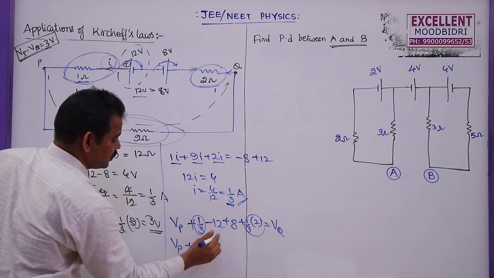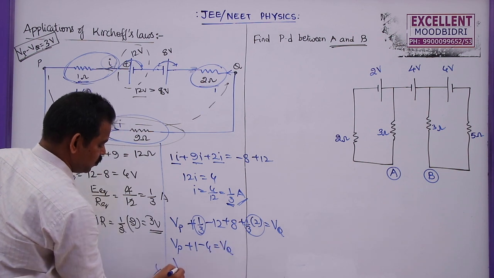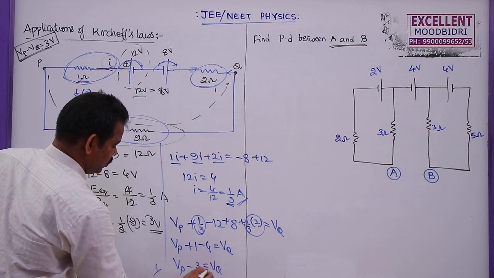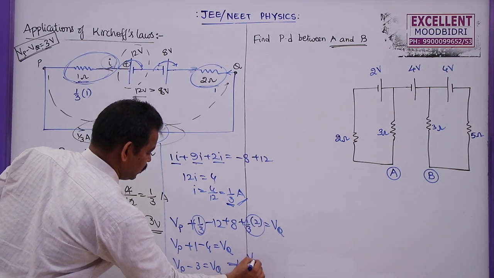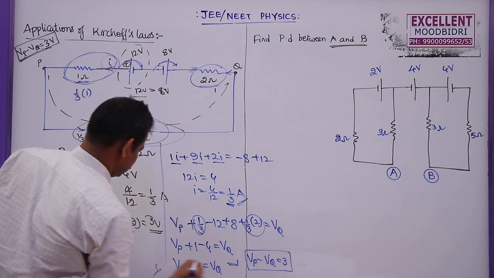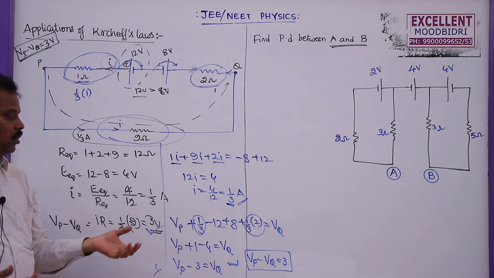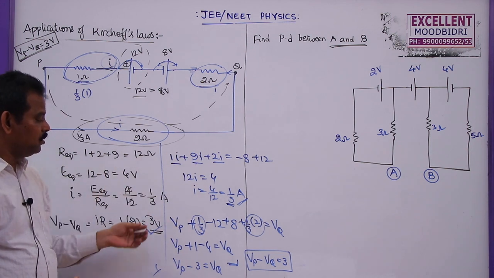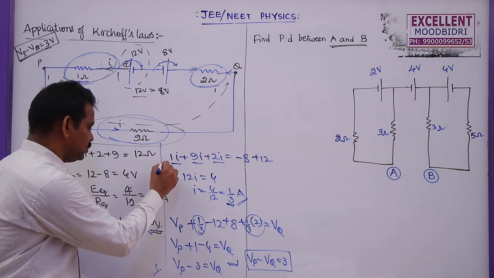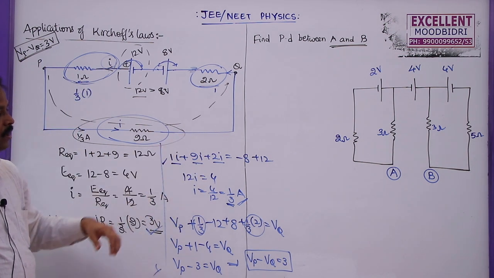Minus 4 plus 8 will become minus 4 is equal to VQ. Vp minus 3 is equal to VQ. So from this we can write Vp minus Vq is equal to plus 3 volts. This is what we got by using this method. Students can follow either this method or this method, and generally in some problems if we use this Kirchhoff voltage law, you can solve the problem in a short period of time.